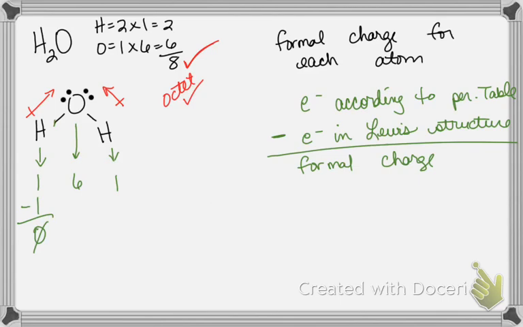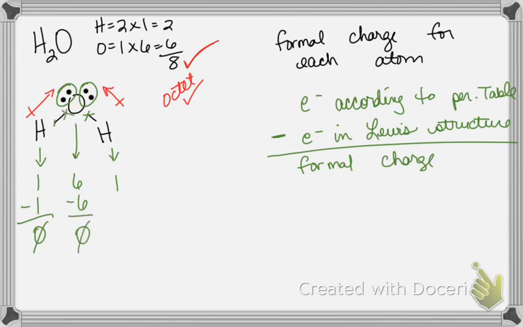Now oxygen, let's move there. When we're counting up oxygen's electrons in the Lewis structure, see, these dots belong only to oxygen. But 1 of these in each bond, oxygen gets. So how many is that total? The circles, I'm going to redo them so we can count them together. 2, 4, 5, 6.